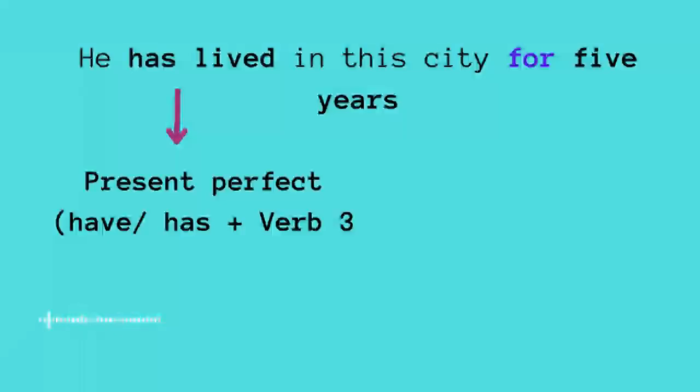So in here, he has lived in this city. So that means we are speaking about something that has started taking place some time ago. But will it continue happening in the future? We don't know. Maybe yes, maybe no. So this is related to the present perfect tense. Also, you need to use it with has or have plus verb number 3. So this is really important.